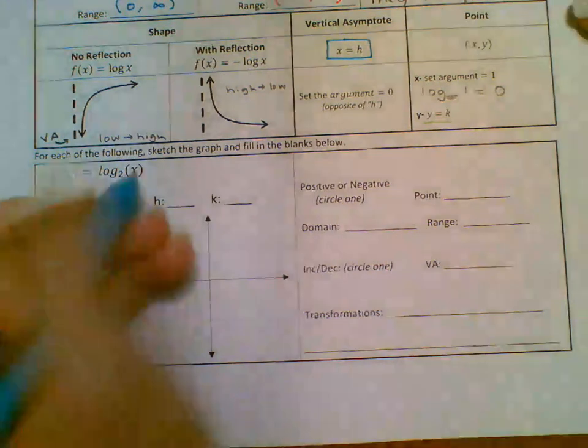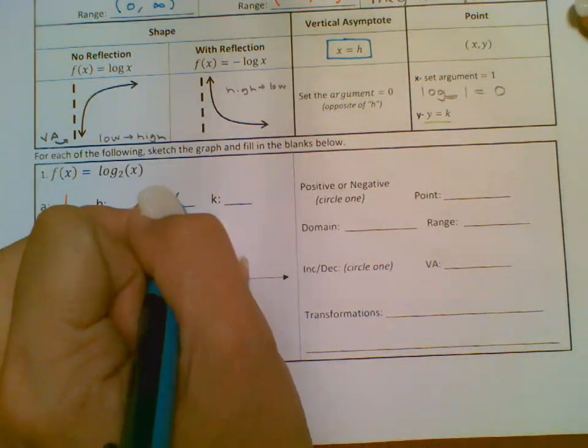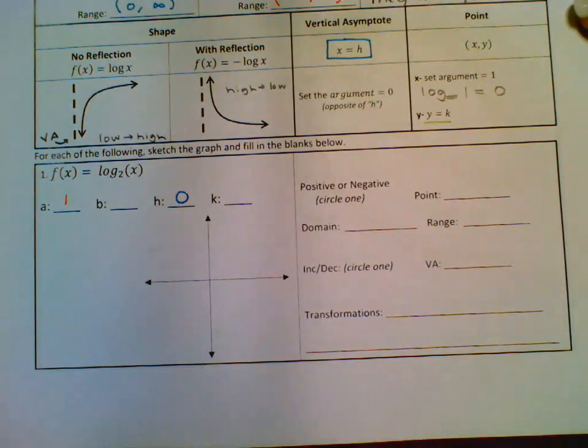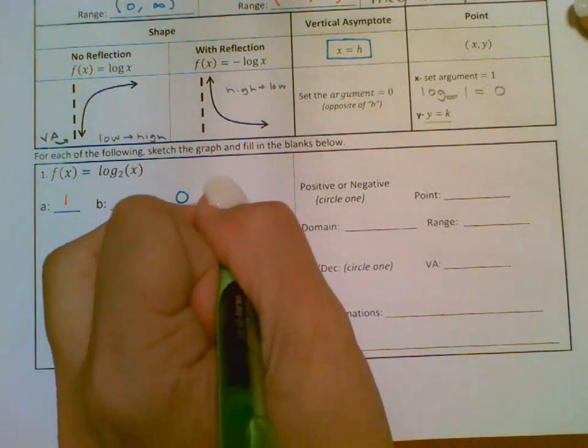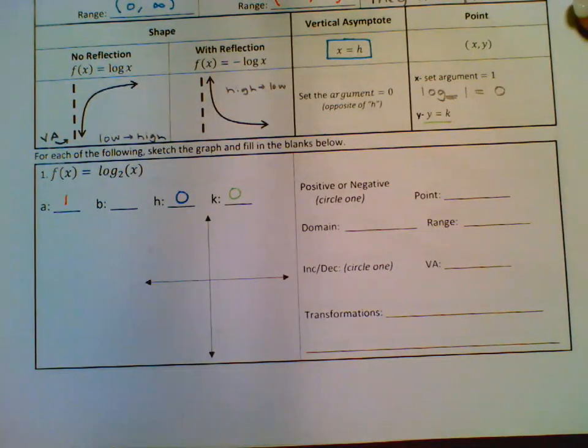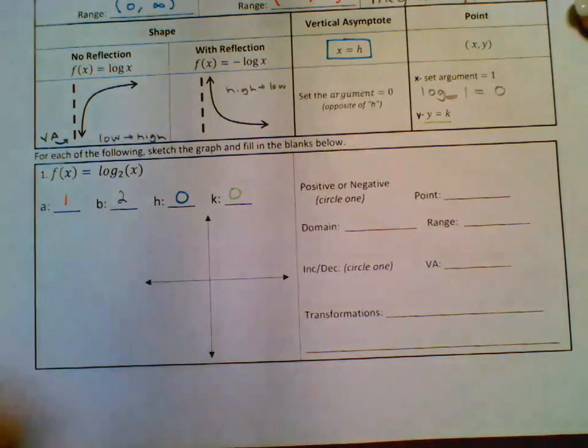Our h value is inside the parentheses. There is no value inside the parentheses, so our h value is 0. And our k value outside of the parentheses is also a 0. Our base is 2, and the base really doesn't have much to do with the problem. We just have you list it.